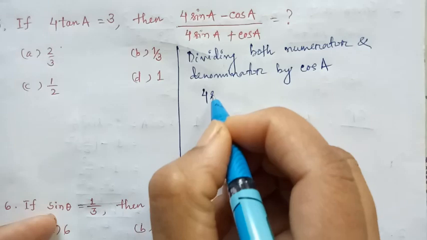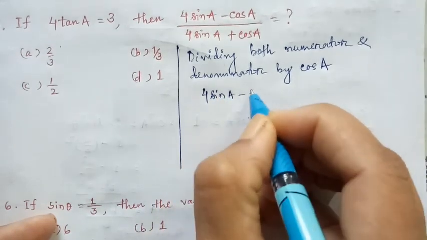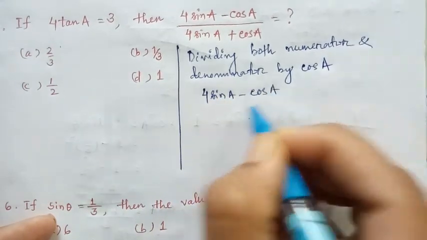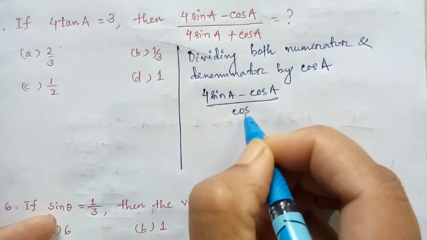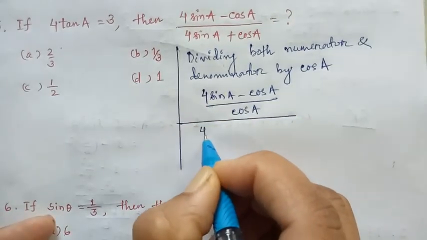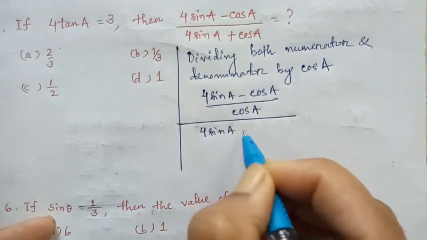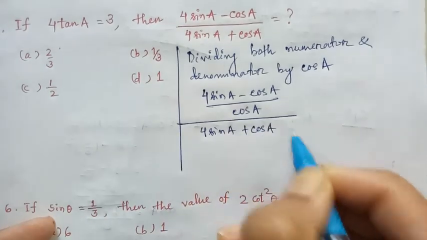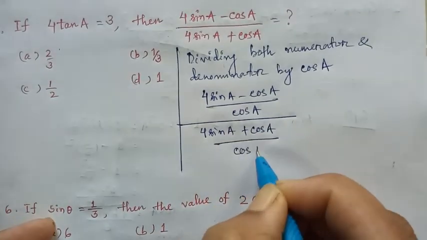(4 sin a minus cos a) divided by cos a, all divided by (4 sin a plus cos a) divided by cos a.